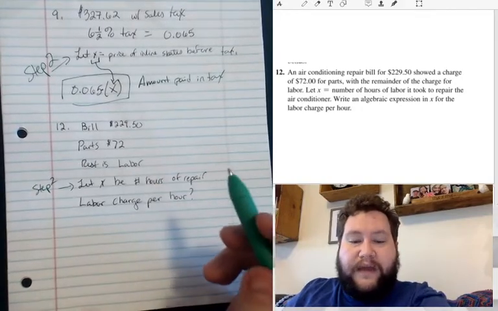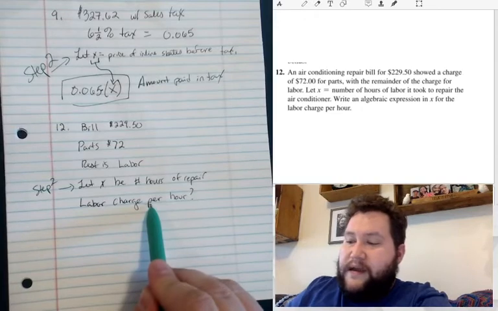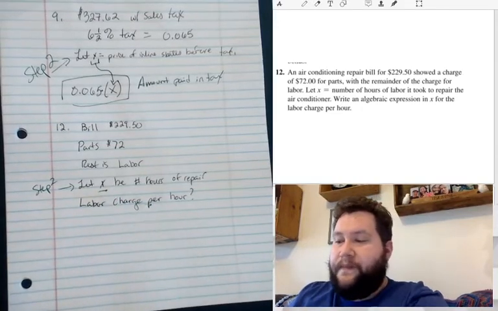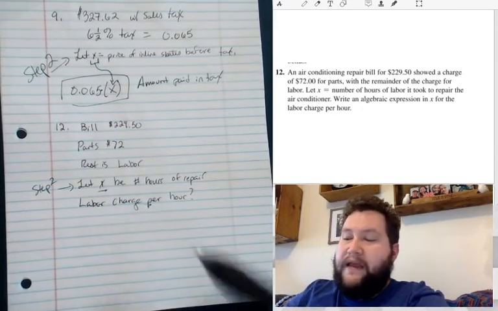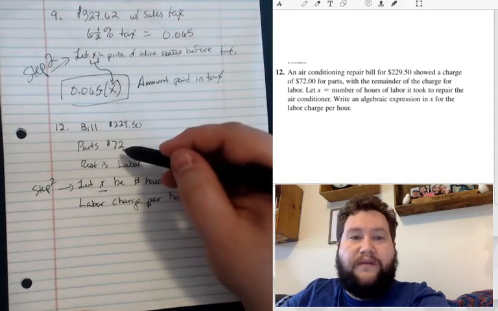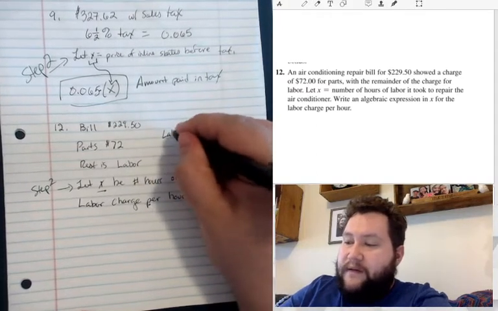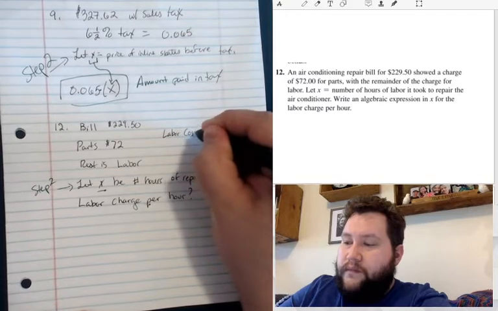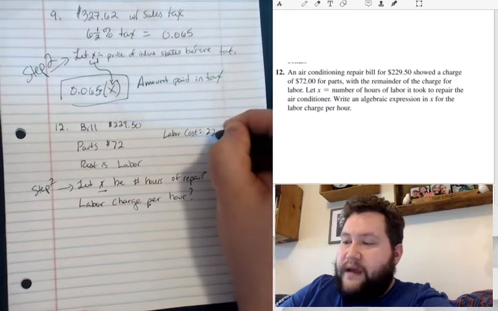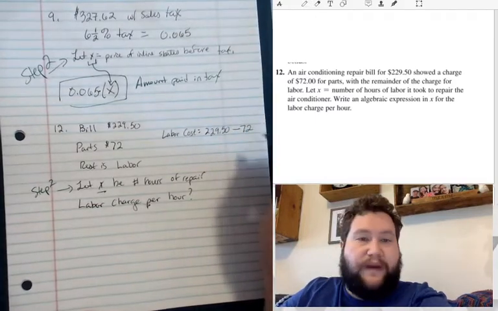And what we're doing is we're writing this other unknown, labor charge per hour, in terms of X. Well, if $229 was our total bill, and the parts were $72, and the rest is labor, how much was labor? So the labor cost is going to be $229.50 minus 72, and whatever that comes out to.